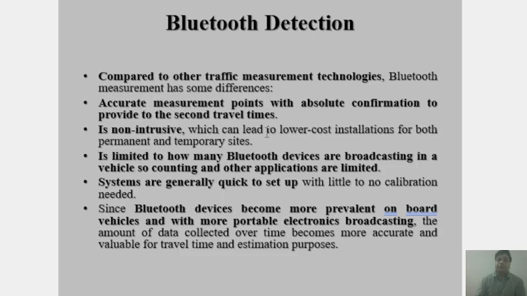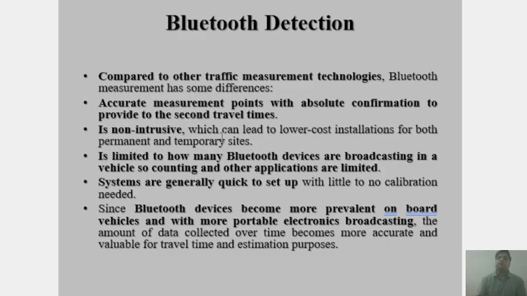Compared to other traffic management technologies, Bluetooth has some differences when we compare it to different technologies like intrusive or non-intrusive. It has accurate measurement points with absolute configuration to provide the second-by-second travel time. So it is basically non-intrusive.